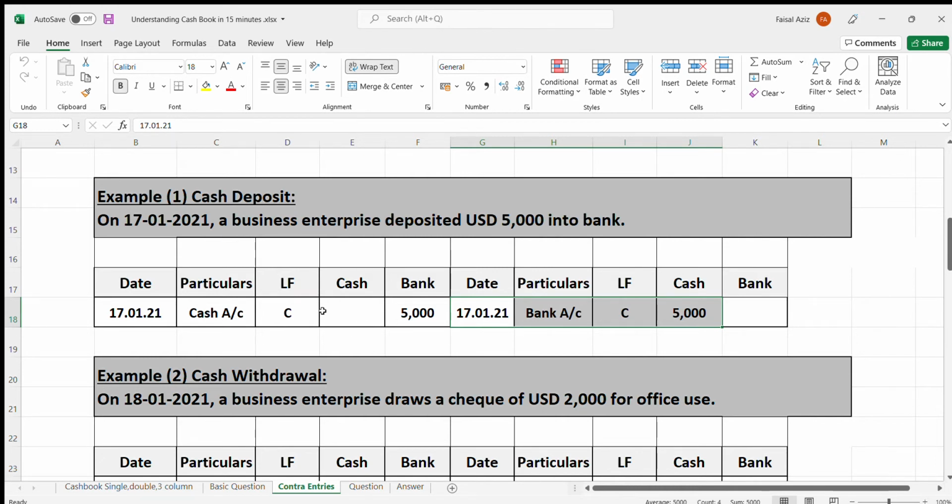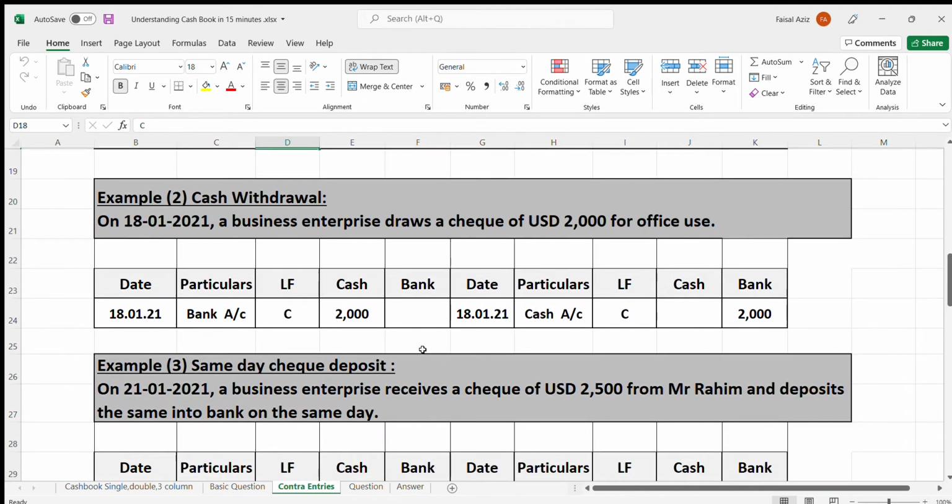So now you see, apparently it looks like one transaction, but it has a double effect both on the left and the right side. Therefore we mark such transactions with capital letter C in the ledger folio column. C means contra entry.